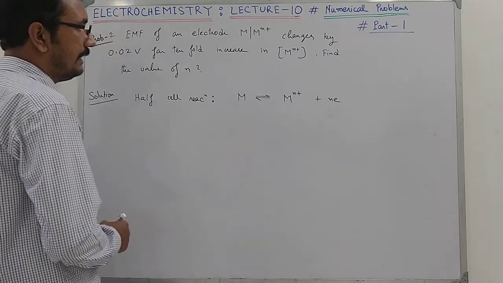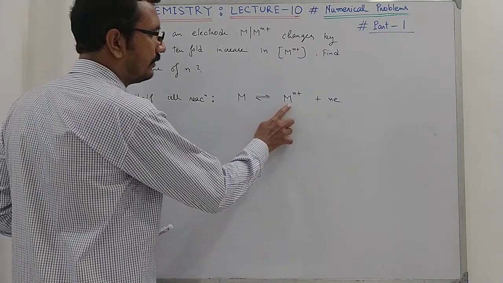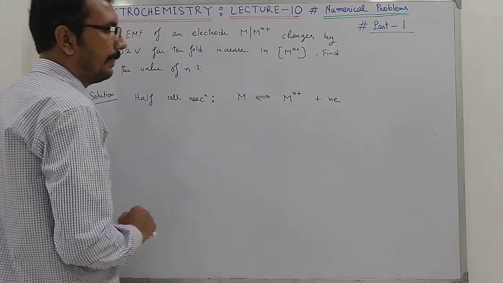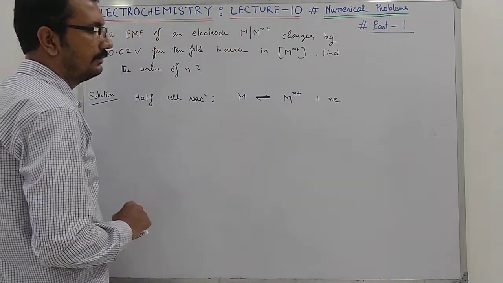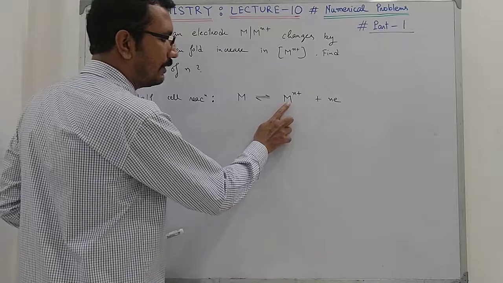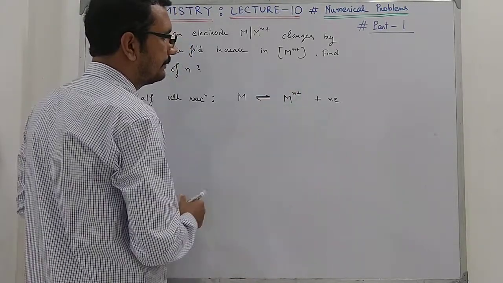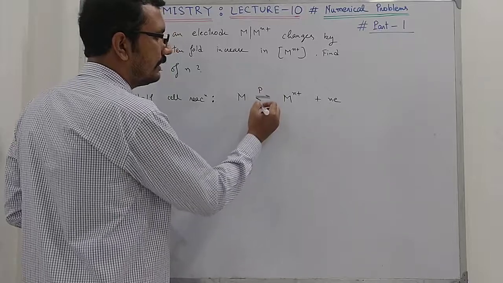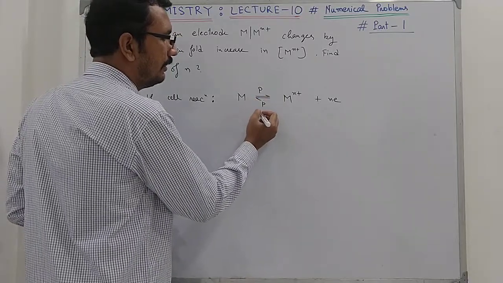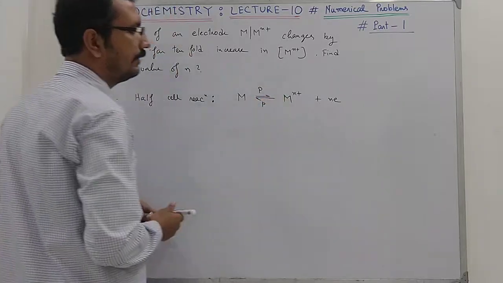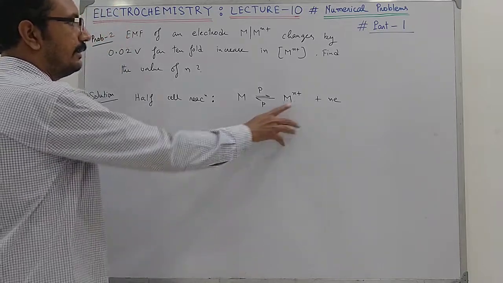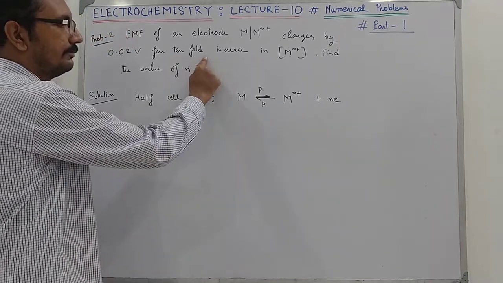Now what the problem is saying is that you are increasing this concentration by 10 times. So what will happen? If you increase the concentration by 10 times, then the osmotic pressure will increase. So this is electrolytic solution tension, this is osmotic pressure. So this will increase if you increase the concentration by 10-fold.